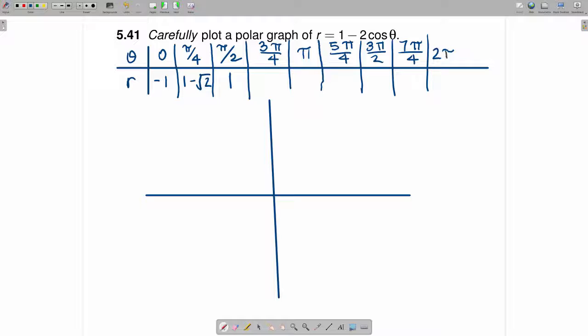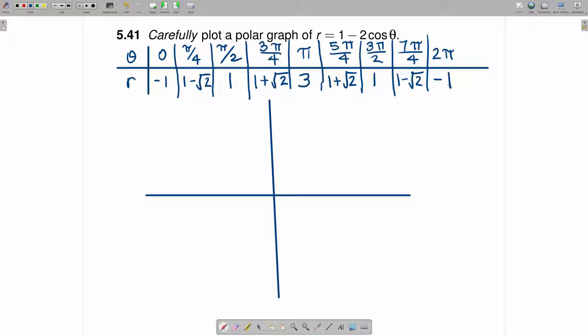The reason we end with 2 pi is that 2 pi is going to take us right back to 0 for this particular graph. So filling in the values that we have here, this one is 1 plus the square root of 2. At pi, this is equal to 3. At 5 pi over 4, this is 1 plus the square root of 2. At 3 pi over 2, it's 1. At 7 pi over 4, 1 minus the square root of 2. And at 2 pi, we're back to negative 1.